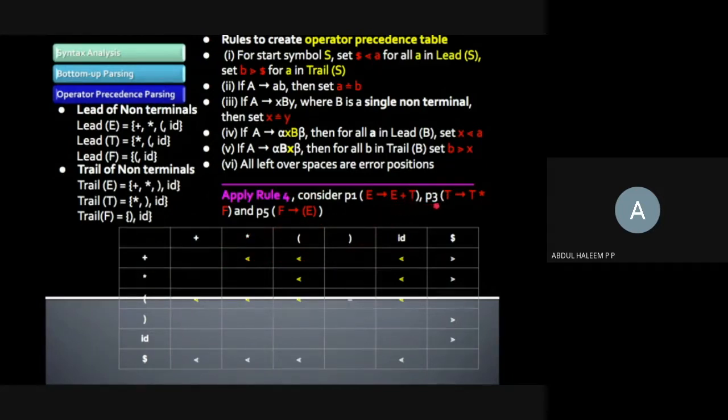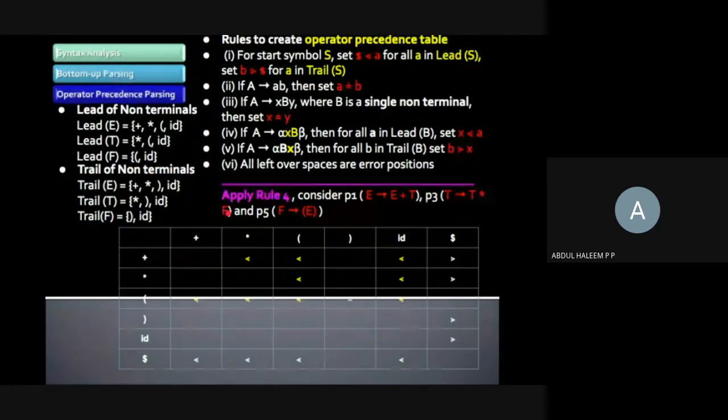Now when we take up P3, we can see that T derives T into F. It is of XB format. X is star, so star is X. Star is less than A. What is A? A is lead of B. So here X is star and B is F now.